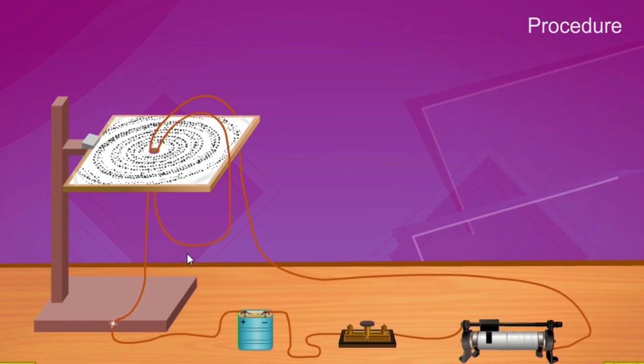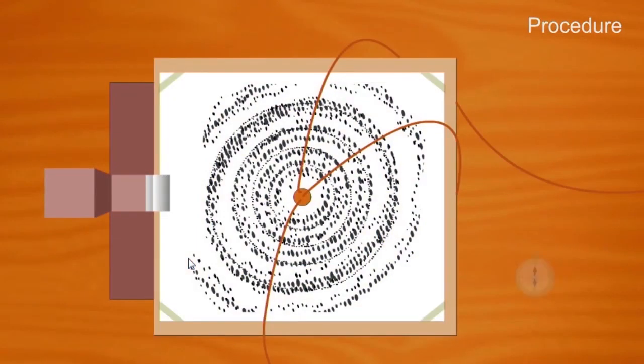And the direction of magnetic field lines can be determined by placing a compass along the circumference of any of these concentric circles. The direction in which the north pole of a compass needle points gives the direction of the magnetic field lines.